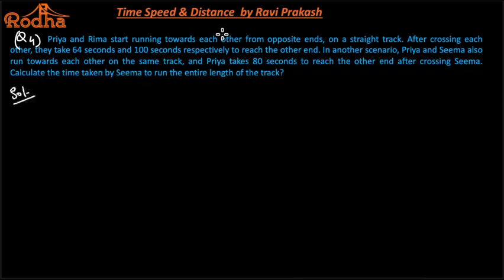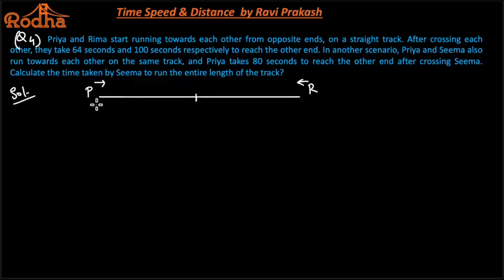It's always easier to think in terms of a diagram. So what is happening here? There are opposite ends, so I can make this a straight path. Priya and Rima start towards each other from opposite ends on a straight track. Let's say they have crossed here.